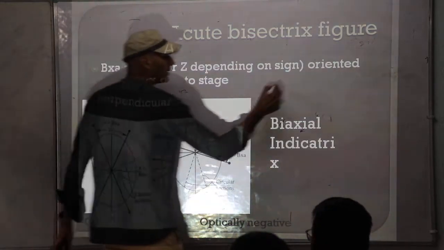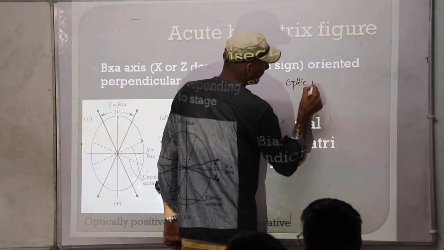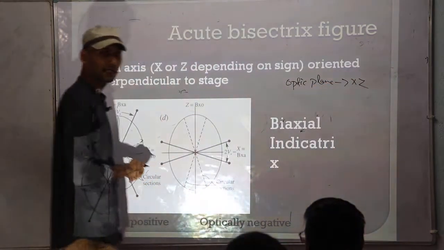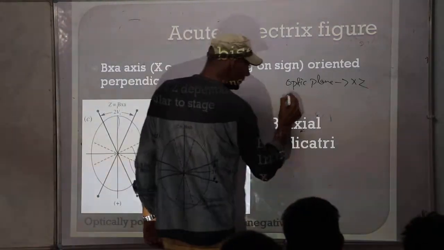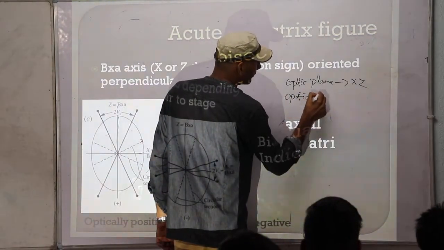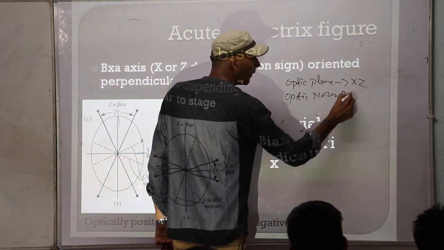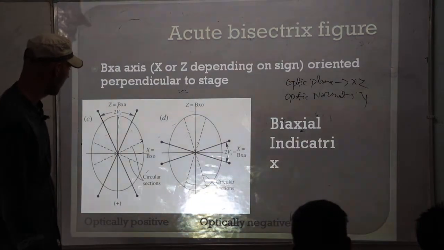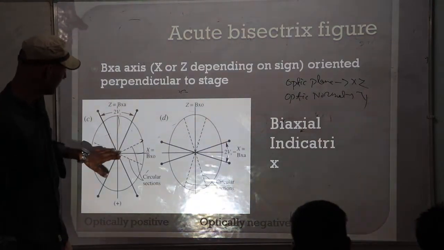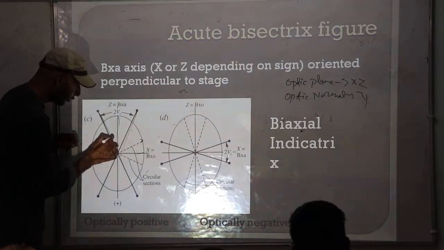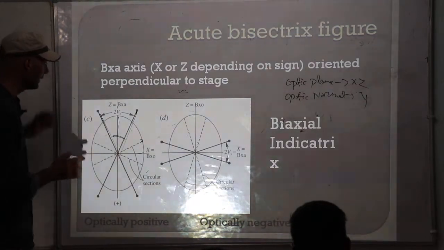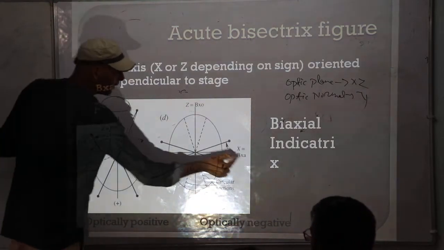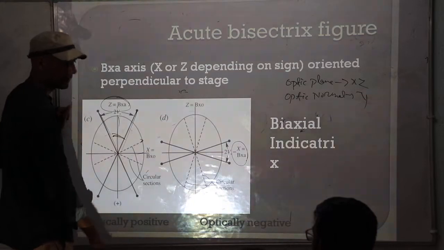So the optic plane is XZ in case of biaxial minerals. So what will be optic normal? Y, right? XZ is optic plane, so optic normal will be Y. So you can see here, this is the 2V acute angle that can be bisected by Z, that is slow vibration direction, or by X, that is fast vibration direction.